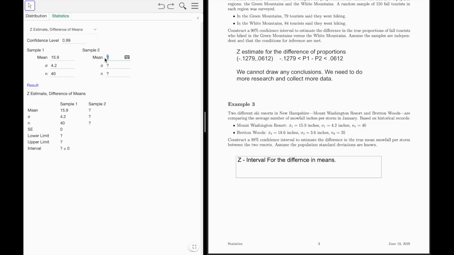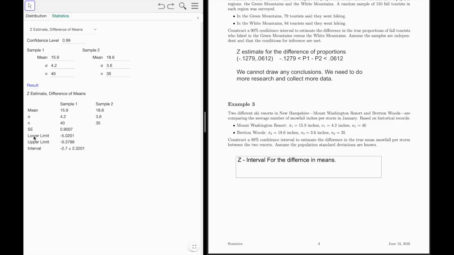Now looking at the information from my second sample from Bretton Woods, we have that the mean is 18.6. We have a population standard deviation of 3.6. And we have a sample size of 35.